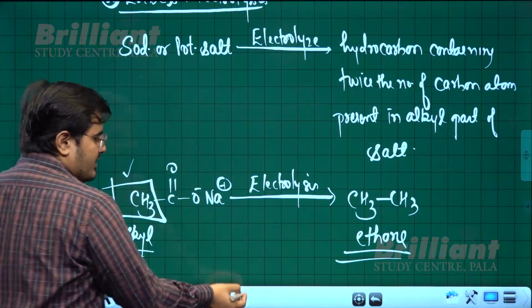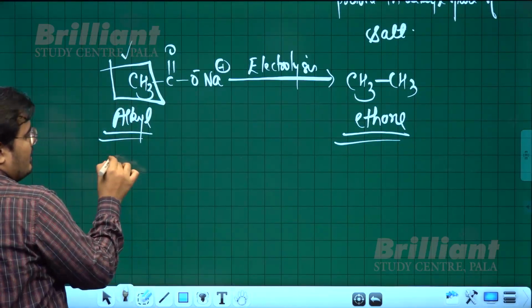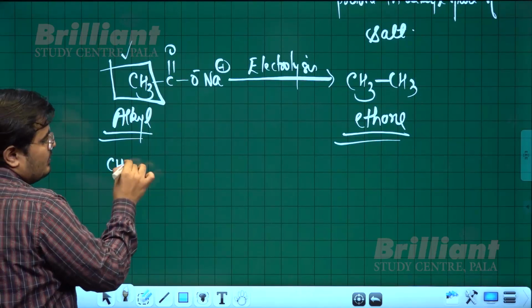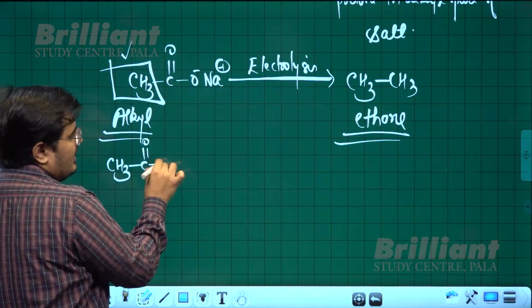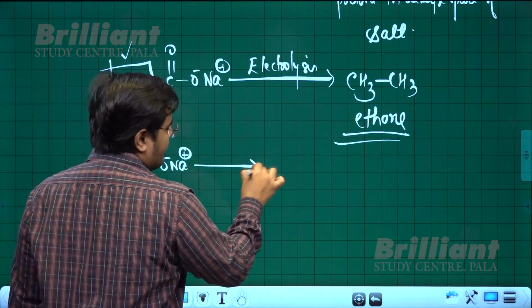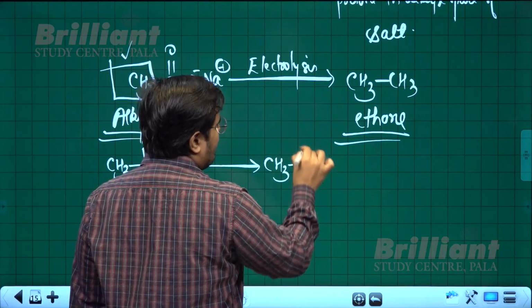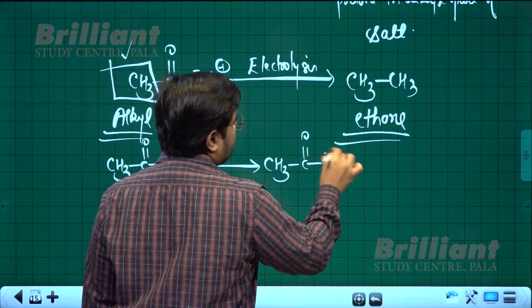Let me give you a little insight into the mechanism of how it happens. When you have sodium acetate, it is an electrolyte. When you pass electricity through its solution, it will dissociate into its ions.